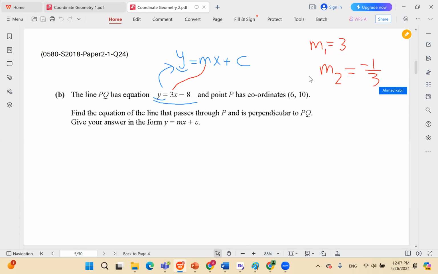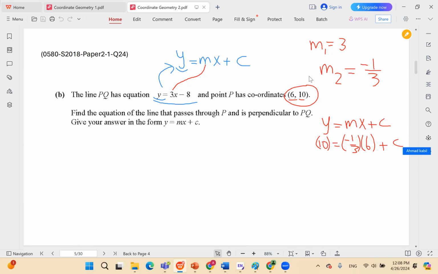So now that we have our gradient, we use this point and we write down the equation y equals mx plus c. The m is negative 1 over 3, the x is 6, and the y is 10. And we want to get c.